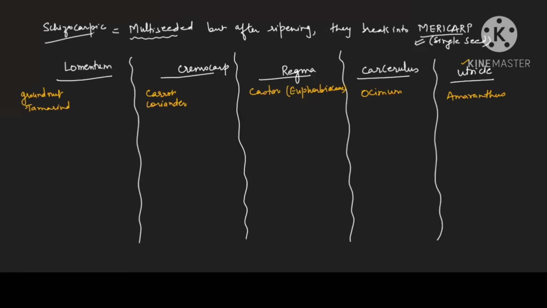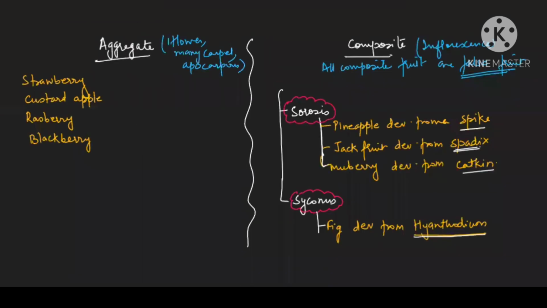Now we will cover aggregate and composite in one slide only. Aggregate fruits are from one flower with many carpels but apocarpous, meaning the carpels are free. So you have to learn only the examples: strawberry, custard apple, raspberry and blackberry. Is it clear?